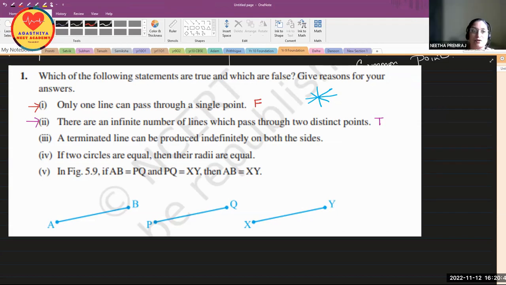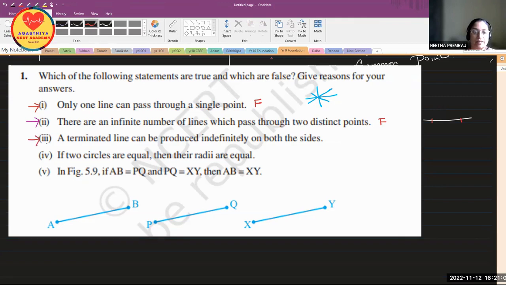Actually, it is not true. It is false. Why is it false? See, through 1 point, we can draw infinite lines. But through 2 points, we can draw only one line. So this is false. Okay, next.